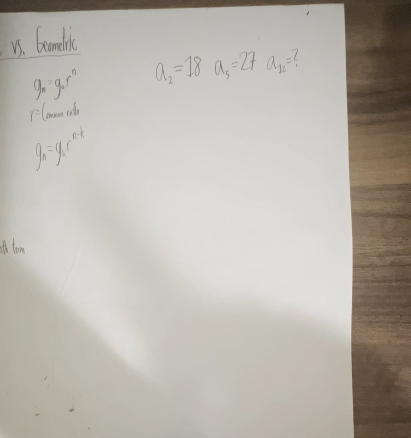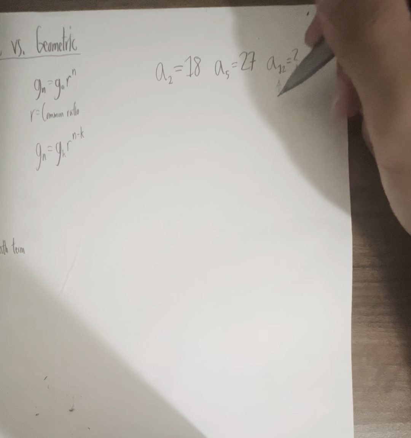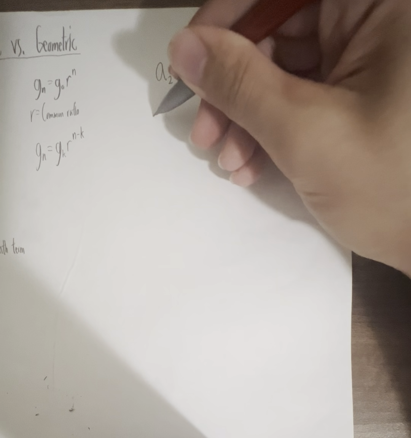Now, you might notice one thing: we don't know what d is. And that's what makes it a little challenging, because we need d to solve for a of n, and a of n is the value we're trying to solve for, which is a of 12 in this case. So to find d, we introduce another formula.